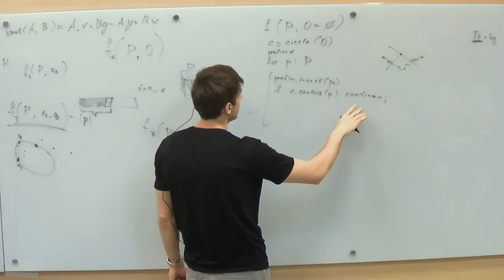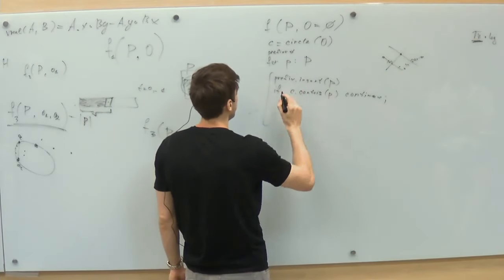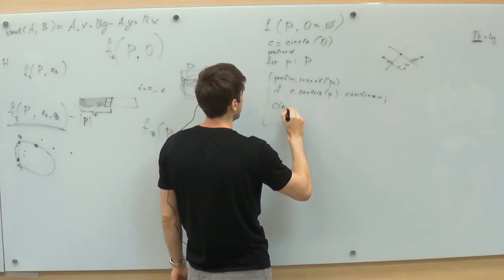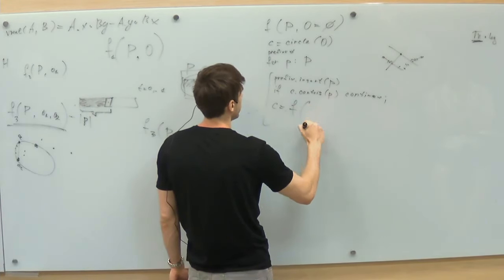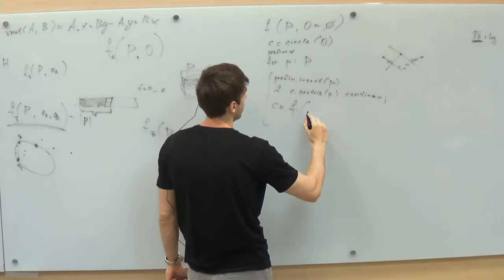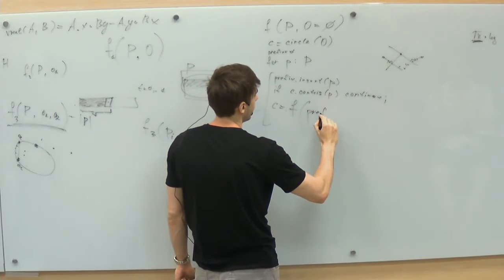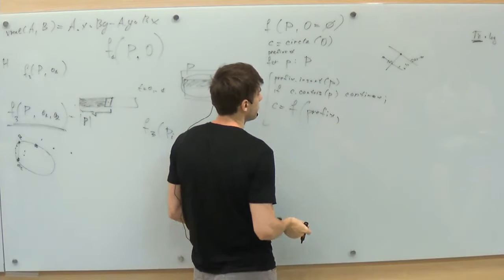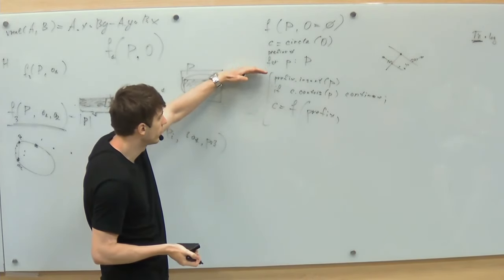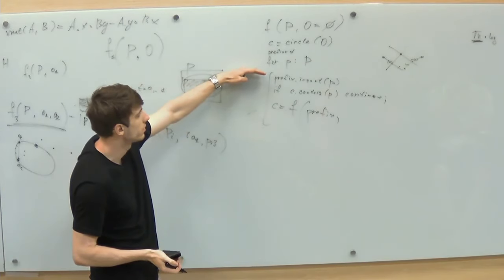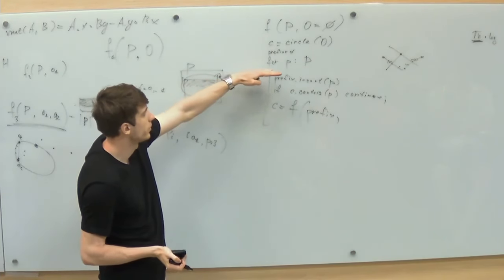And if it is not containing the point, then we have to update our circle C with the result of the algorithm for the prefix. Since here we always want to keep the conditions that we keep in the result for the prefix.